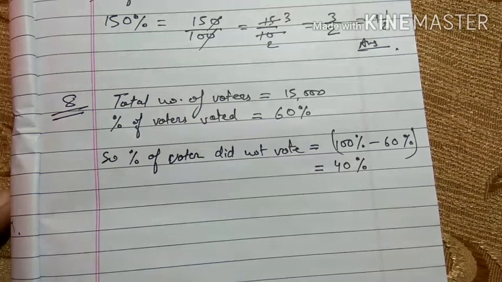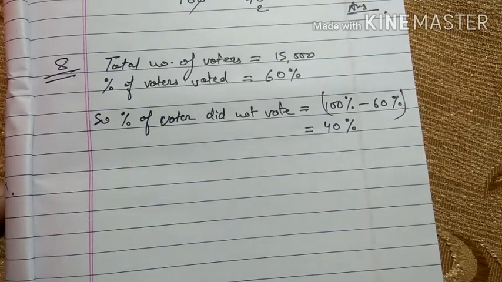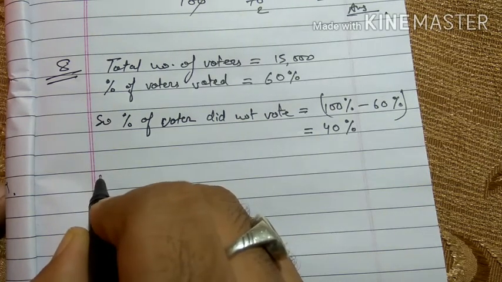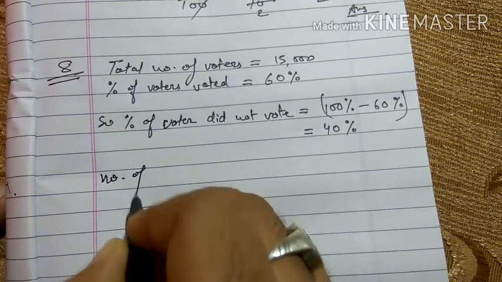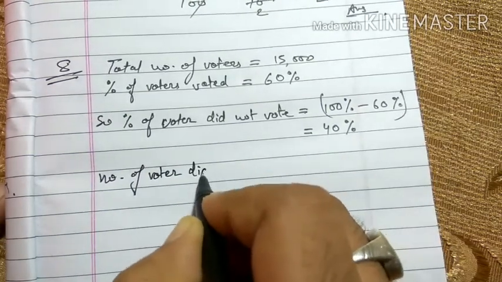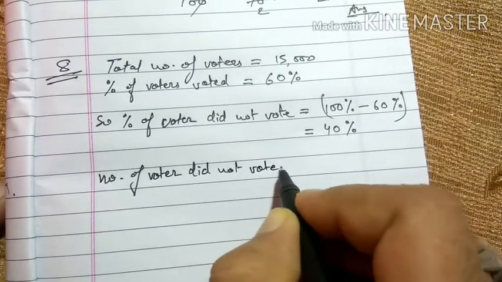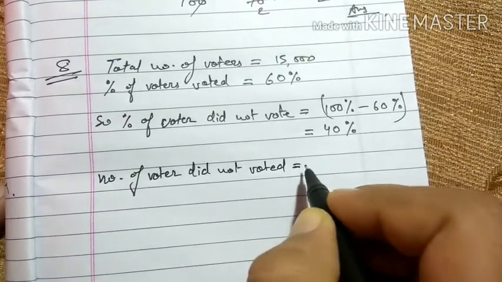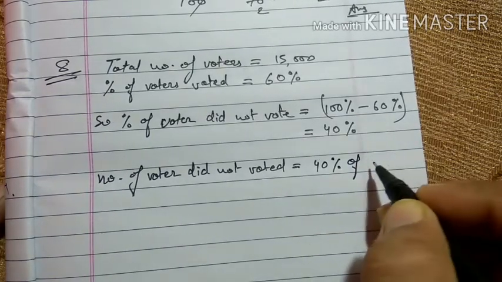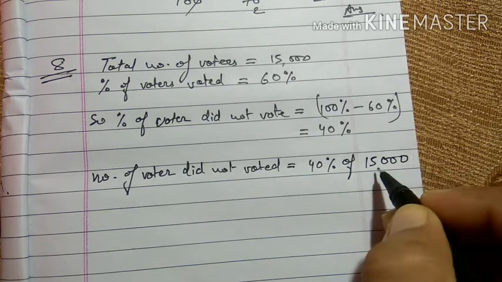Now what is the second part of this? It is also asking for the number of voters who did not vote. So we will write the number of voters who did not vote is equal to 40% of total voters, and total voters are 15,000.